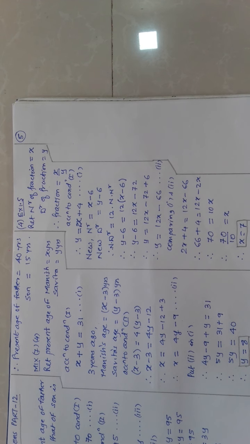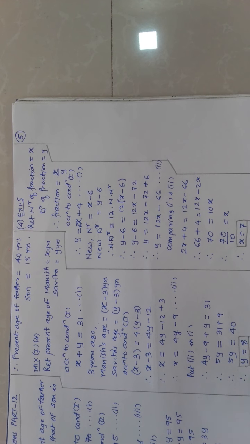Agreed? So suppose one box has 2 kg weight, then another box of the same type will have another 2 kg. That is, if I take 2 boxes of that type, I will get 4 kg of weight.